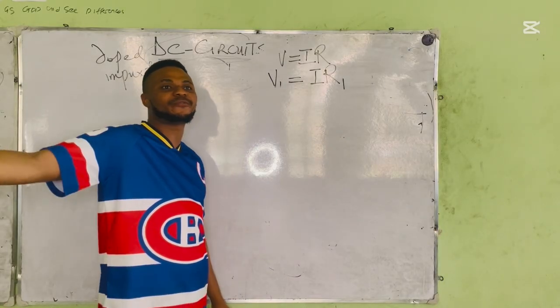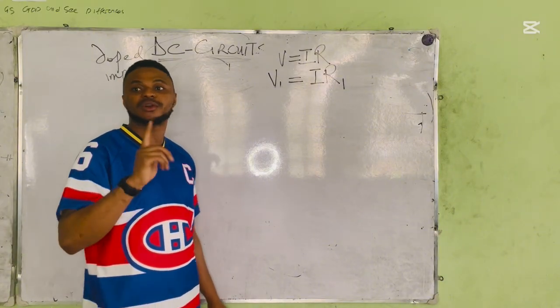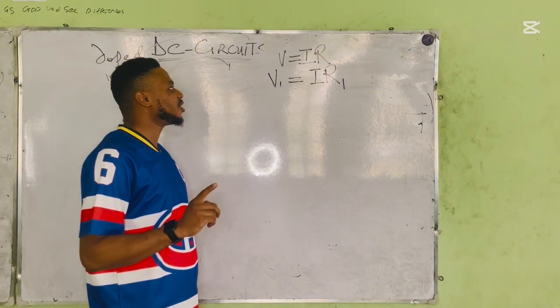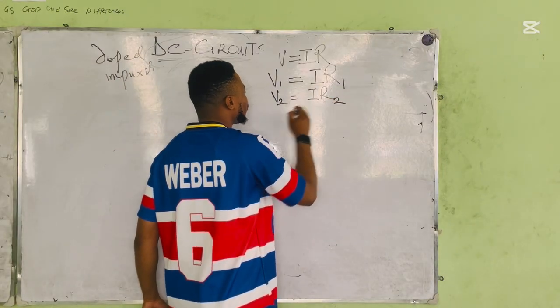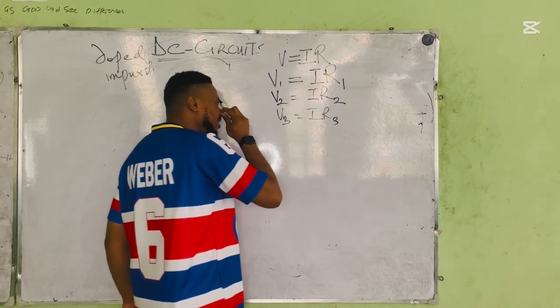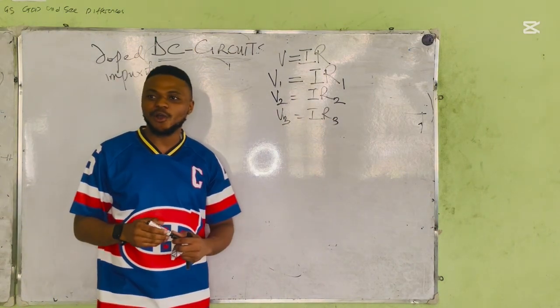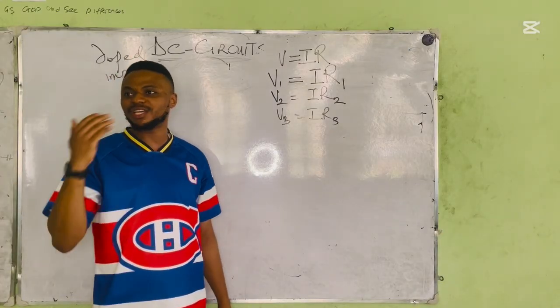So we don't have different current flowing through the circuit. We have just one current flowing through the circuit, alright? So of course then V2 now will be IR2, V3 will be IR3, alright? So this is the concept, this is the idea of the whole looking for voltage in a series connection.